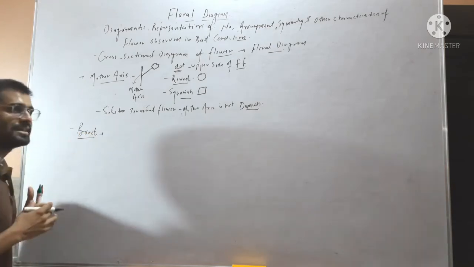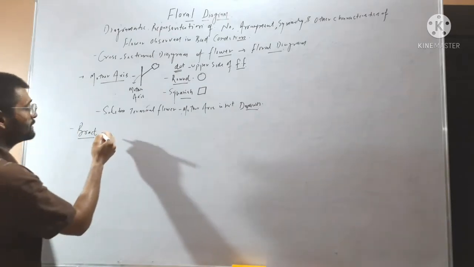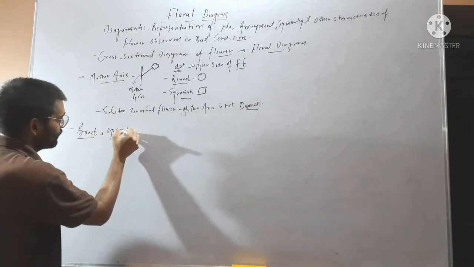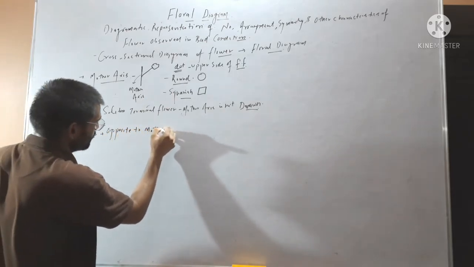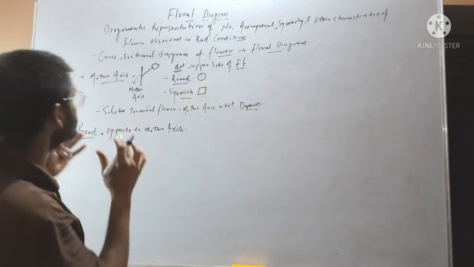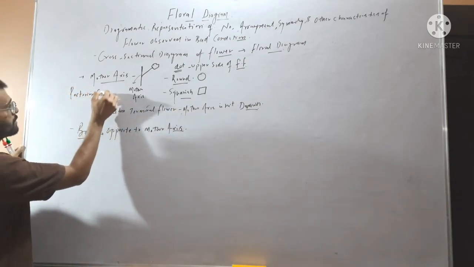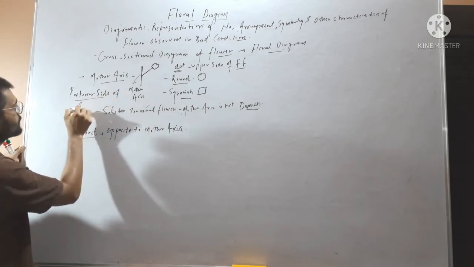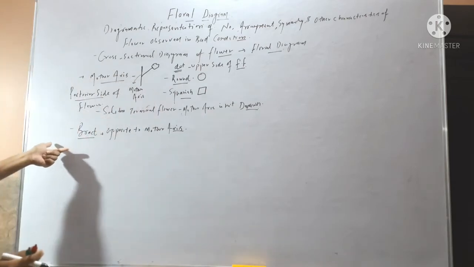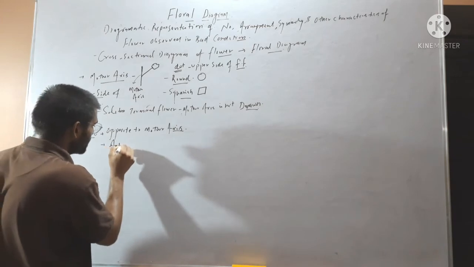Next is bract. If bract is present in a flower, or the flower is bracteate, then we will draw the bract opposite to the mother axis. The side of a flower towards the mother axis is the posterior side of the flower, and the side facing the bract, just opposite to the mother axis, is the anterior side.